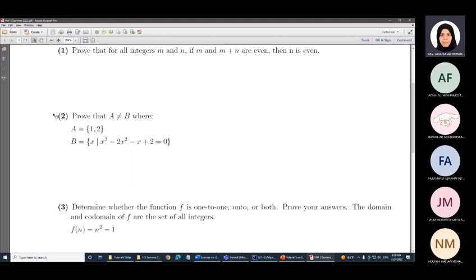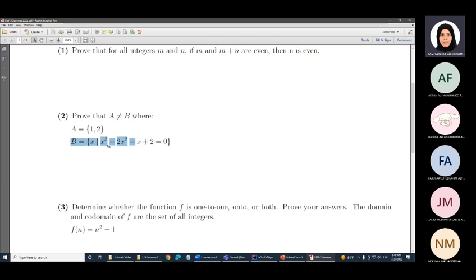Prove that, question number 2, ان A is not equal to B where A is a set that contain 1 and 2, B is a set, and they give you a general definition here. You have to solve this equation and see what is the value that solve the equation. And if these two sets are equal, you have to prove. How to prove?